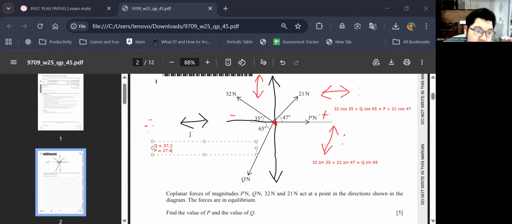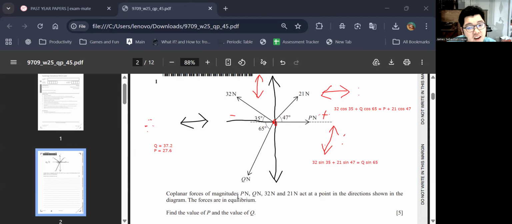For this kind of question, you should note that the sum of the forces in all the directions must be 0, which means that when you do this, all the forces must be equated to each other, the forces that are positive and the forces that are negative.